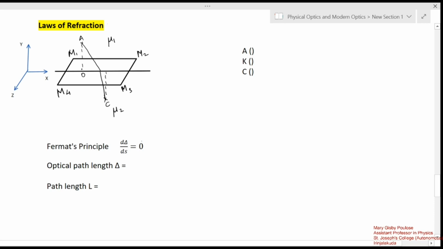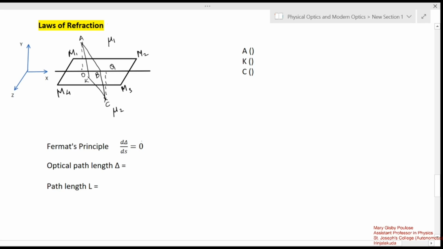Let us call that point Q. This point can be called B. To show an arbitrary path followed by the light ray, I am going to choose another point K upon which light gets refracted.